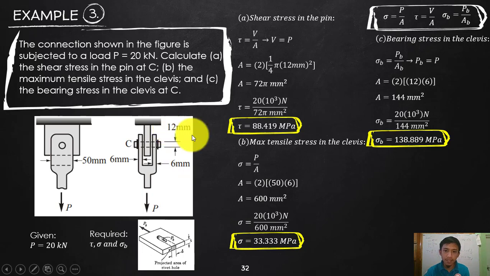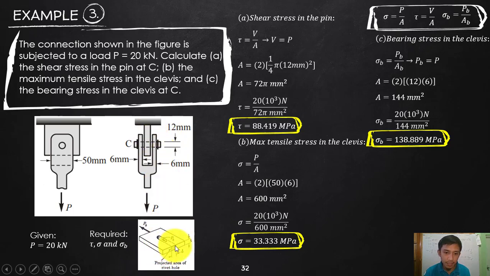Okay, so tensile stress is force P over A. If you say tensile, that is a normal stress. So force P, what is the area that is perpendicular? If I cut this section, there are two areas, and that is a rectangle. Let's forget first about the projected area.